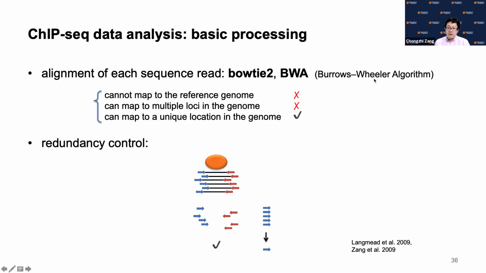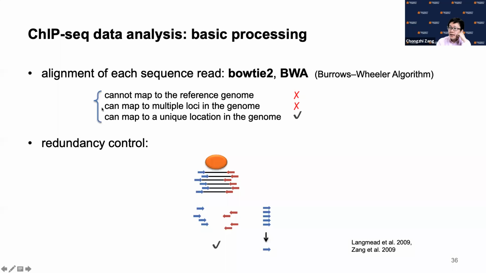It is a very powerful algorithm for data compression and sequence alignment. Imagine that the goal is to align tens of millions of short sequences to the entire human genome of 3 billion base pairs. It has to be a very efficient algorithm to do that very quickly.